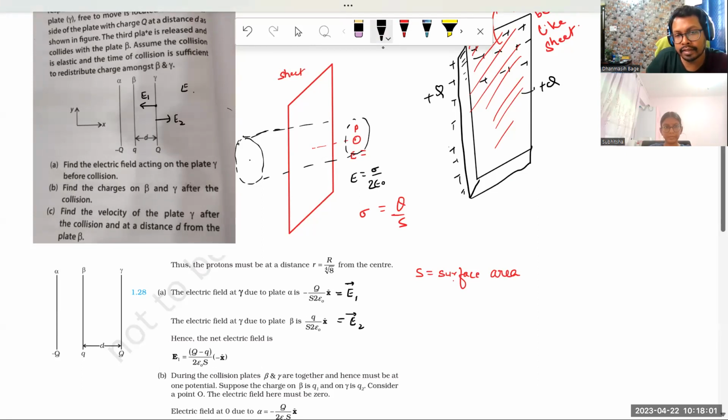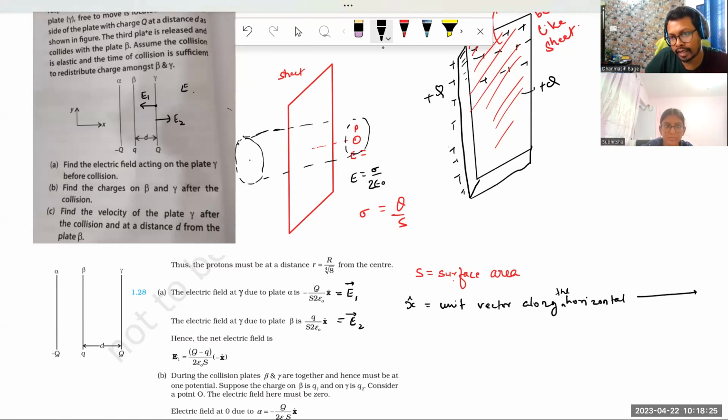This sign, just see, the X cap is what? The horizontal direction. X cap means unit vector along horizontal. So E1 vector is clearly opposite to the horizontal direction.